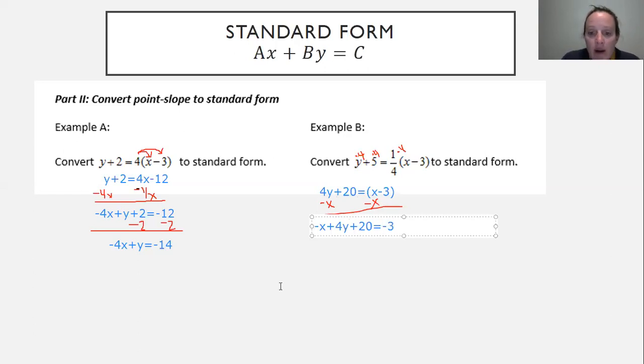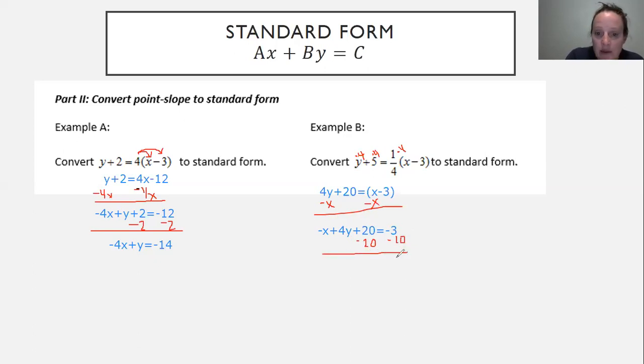Oh, I didn't want to make that big line there, guys, so let me retype that. You get negative x plus 4y plus 20 equals negative 3. Now I just have to get rid of that positive 20, so I'm going to subtract 20 from both sides.